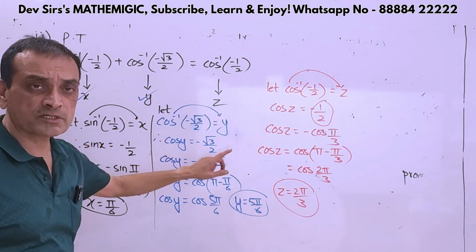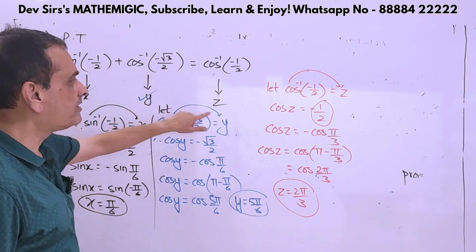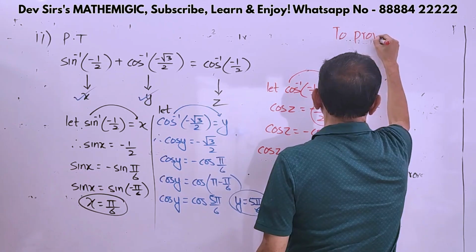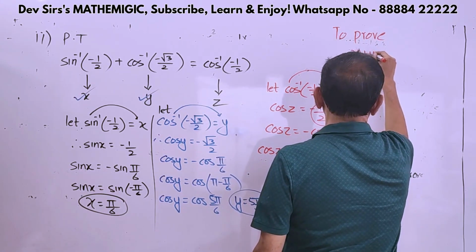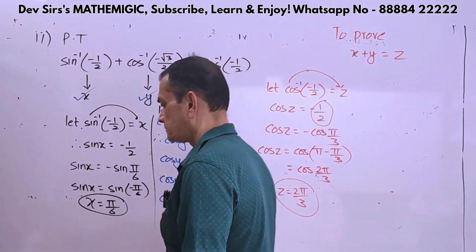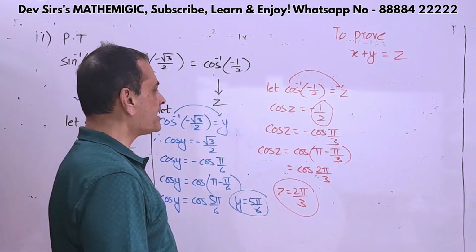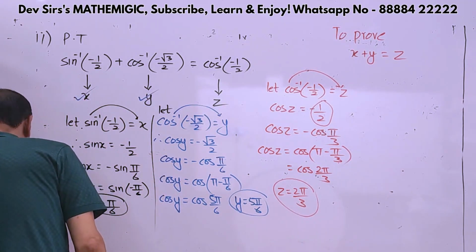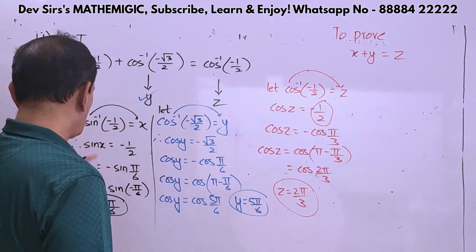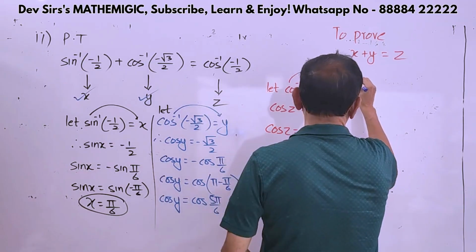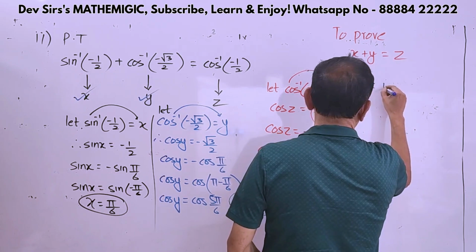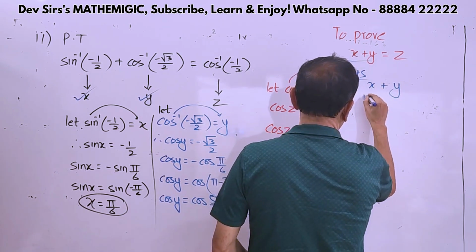So we got all the three values. So what is it that we have to prove? x plus y equal to z. So x plus y equal to z. Substitute the values. What is x? LHS लिया है मैंने.